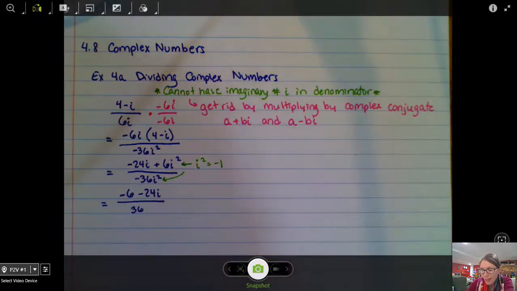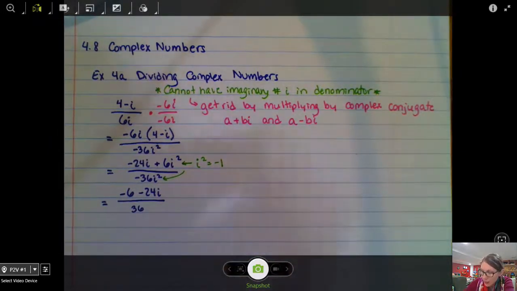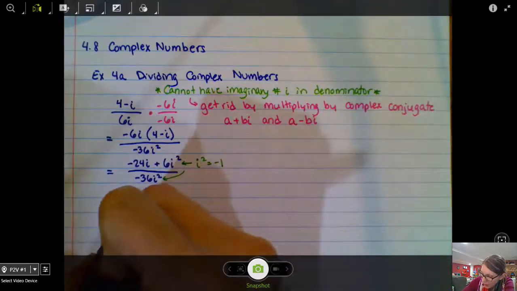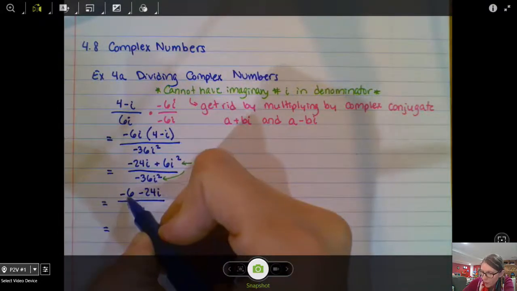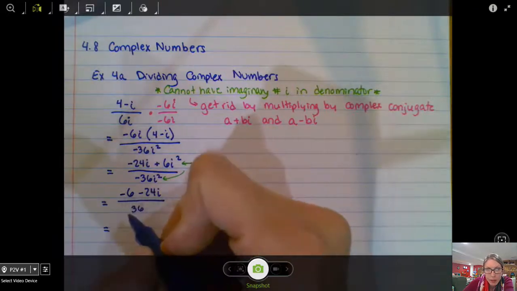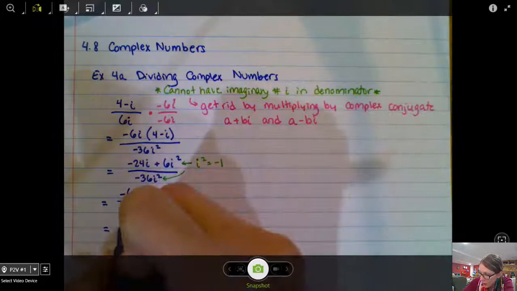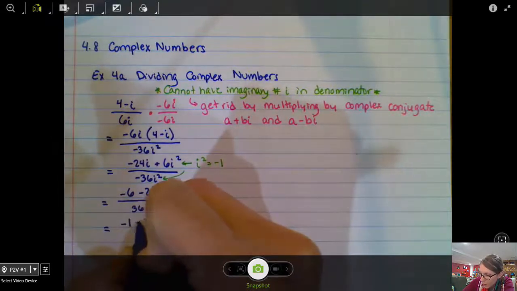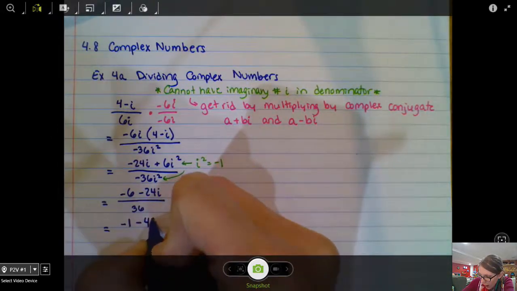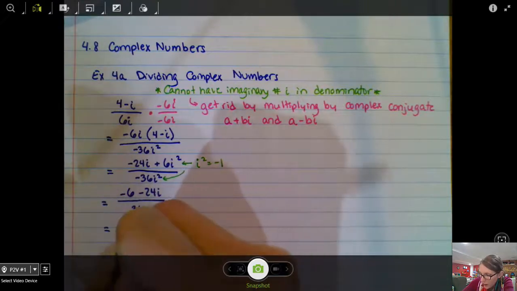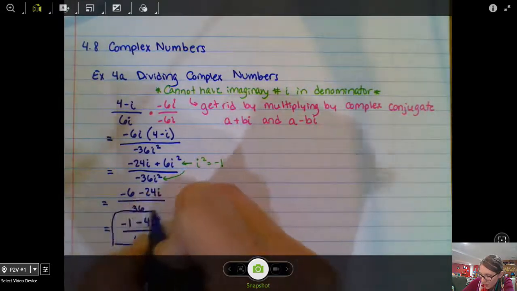And there's one last little thing that we can do to simplify, and that is to realize that all three of my numbers here, negative 6, negative 24, and 36, are all divisible by 6. So that gives me negative 1 minus 4i all over 6 as my final answer.